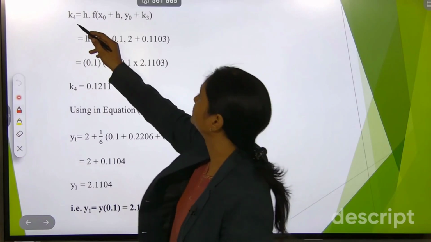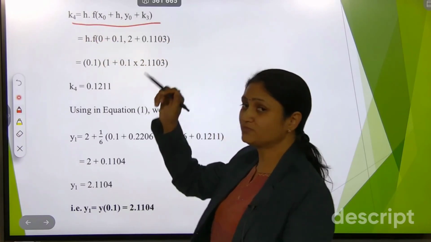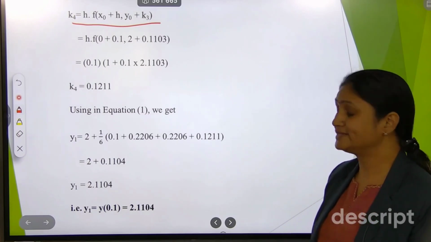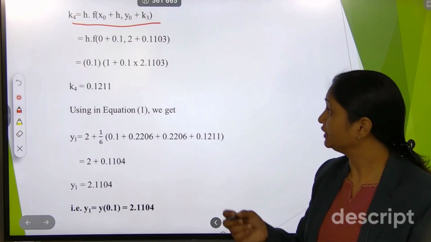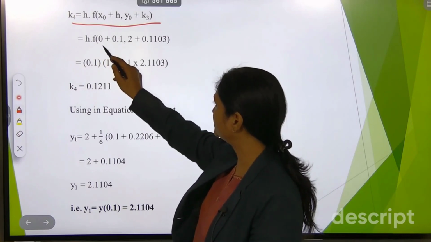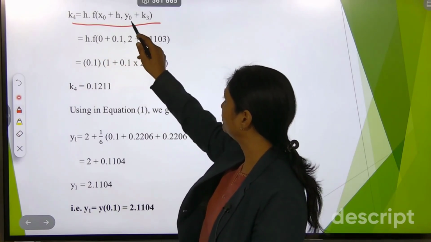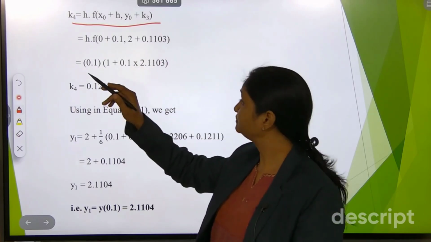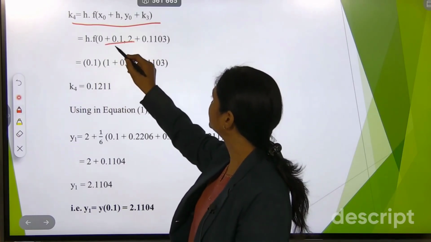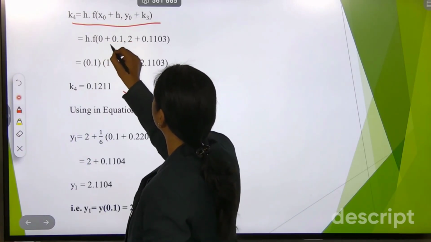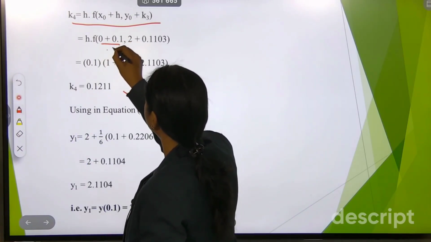Now k4. K4 is calculated using the formula h into f of x0 plus h, comma y0 plus k3. K3 we have calculated. So h into f: x0 is 0, h is 0.1, y0 is 2 and k3 is 0.1103.